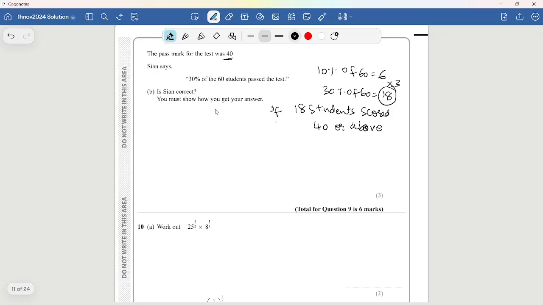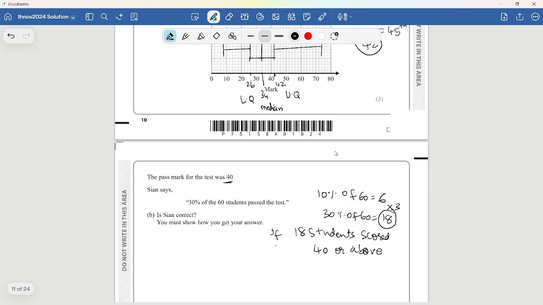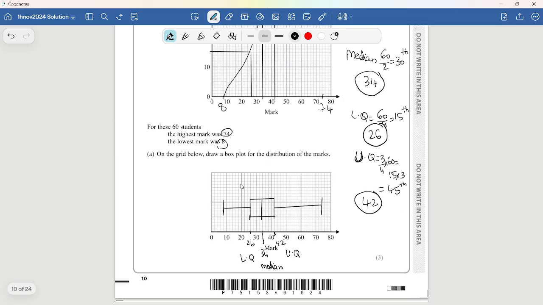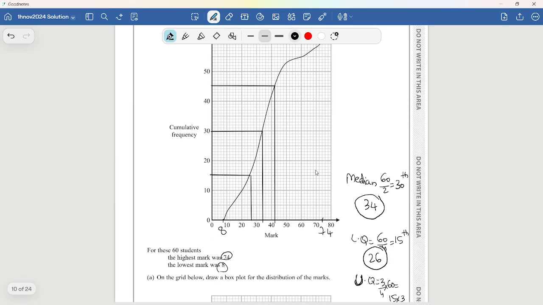So how can we confirm this information from a graph? So for the 40th mark, let me use another color here. This is the 40th mark, right? So if you drop a line here, let me use this.